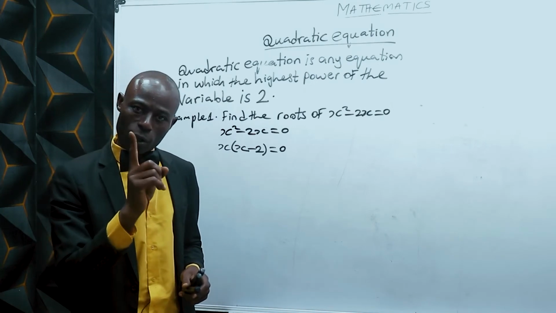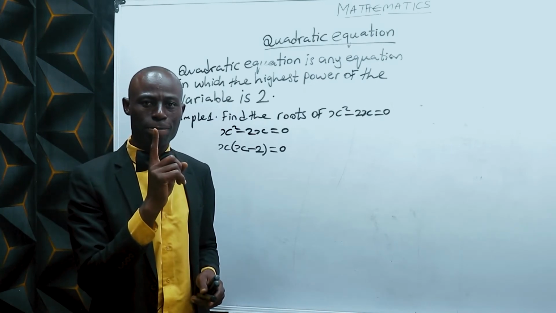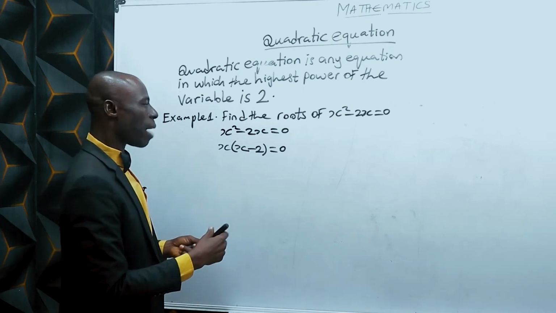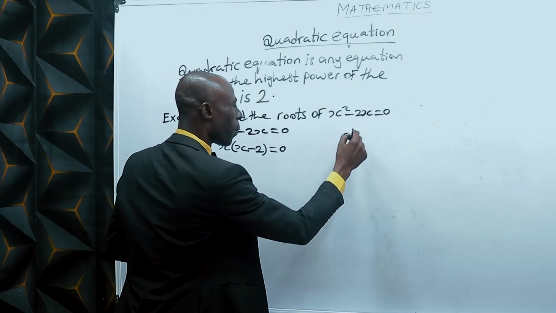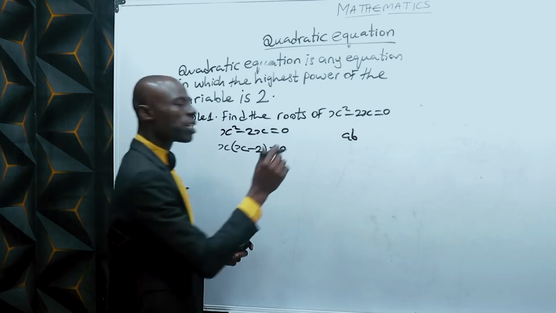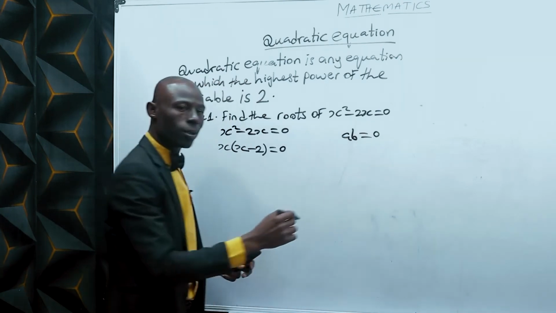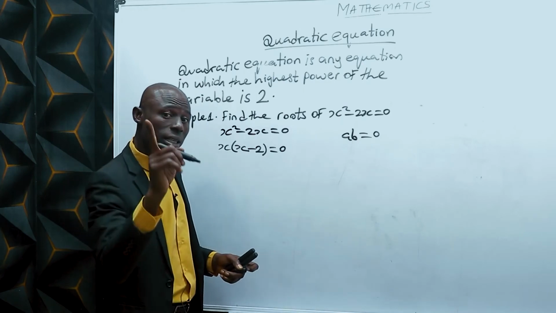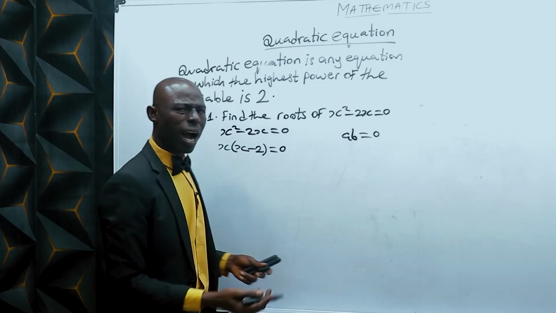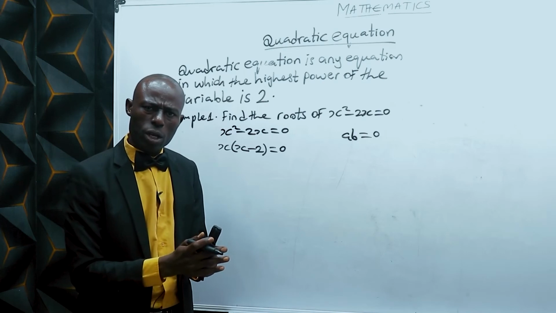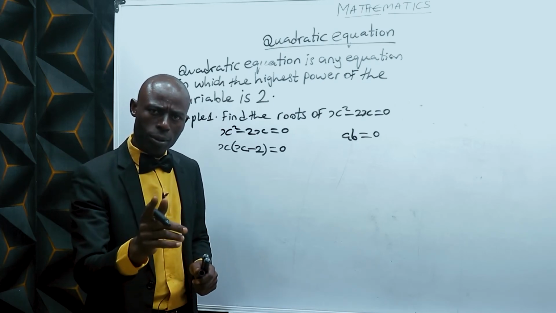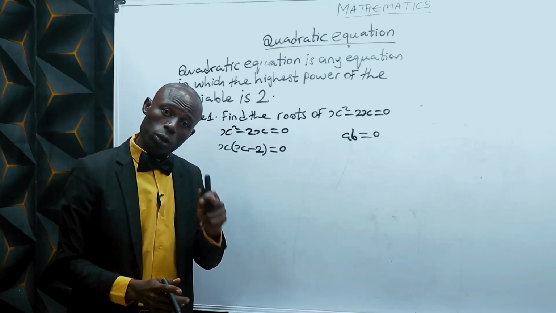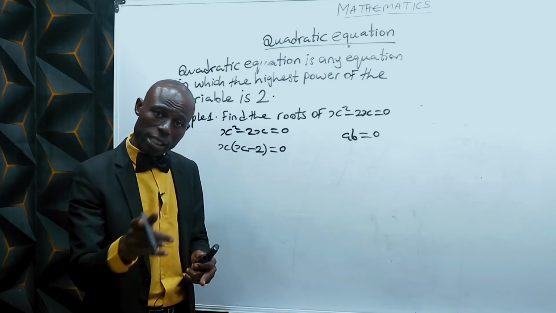In quadratic equation, we get 2 answers because of one fact. The fact is, anytime 2 things multiply themselves together and your result is 0, then we conclude that either of them is 0. Before you can have the product of 2 values to give you 0, that means one of those 2 items is 0.